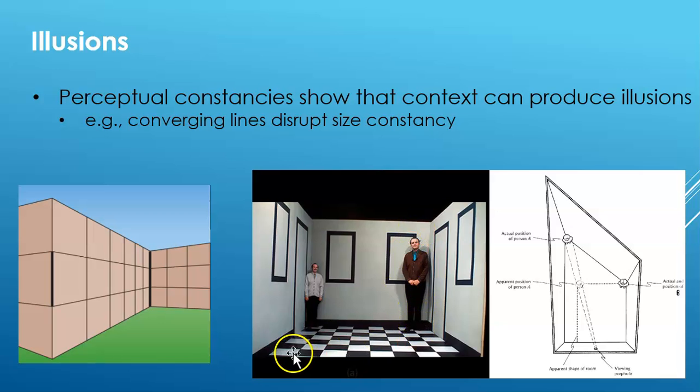But we can't perceive that because of the lines on the floor. If we look at this diagram over here, this is what the room actually looks like. Even though we perceive this to be a normal square room, it's actually not, because this gentleman is further back, but the lines on the floor don't indicate that. The lines on the floor make it look like it's a normal room, and that's why it's an illusion.